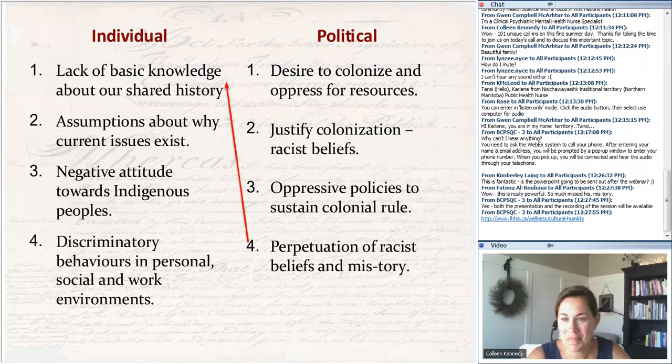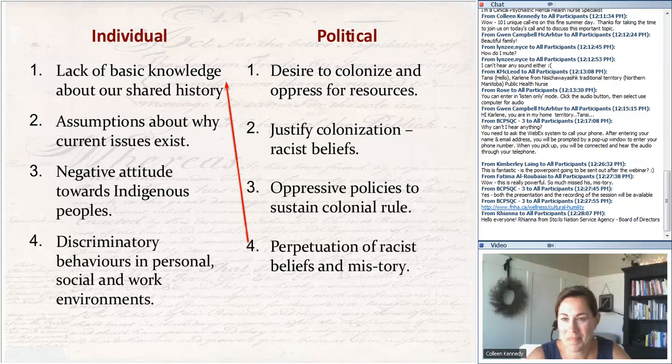If people have that belief, they often then develop negative attitudes about Indigenous people and they discriminate against Indigenous people. So that's one way of looking at how structural racism is connected to individual racism. So if we go to the next slide.